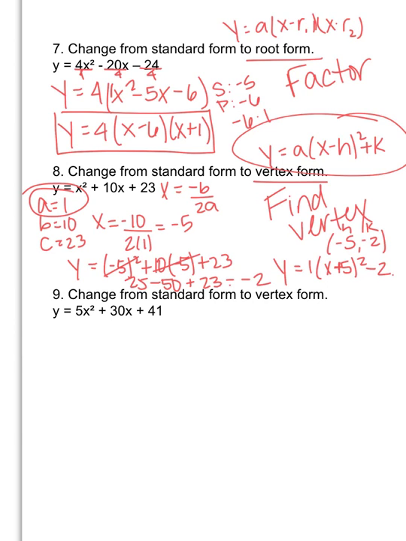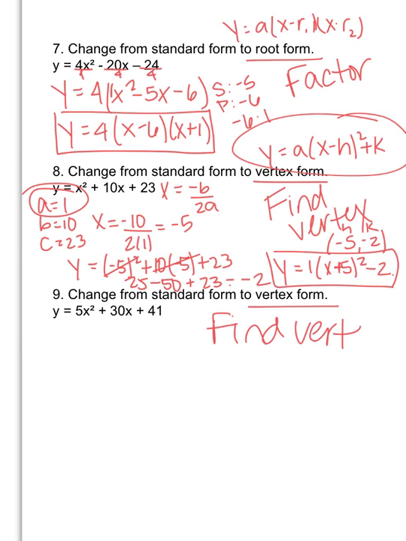And you wouldn't have to write that 1 in front. But just remember to put your a from your standard form. No matter what form you're changing to, your a will always stay the same. Okay, so 9, you're doing the same exact thing, so you can try that one. You're going to vertex form, so you will need to find the vertex of the standard form.